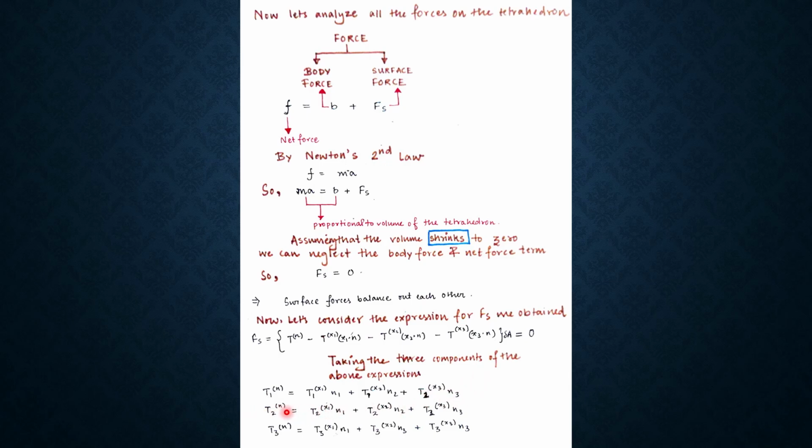And similarly for the second and the third components as well. In the next step, we replace t1 of x1 with a symbol sigma 11, and this by sigma 12, and similarly for all other terms. As of now I am introducing sigma as just some constant to replace this term, but later on I will say sigma is really significant also.